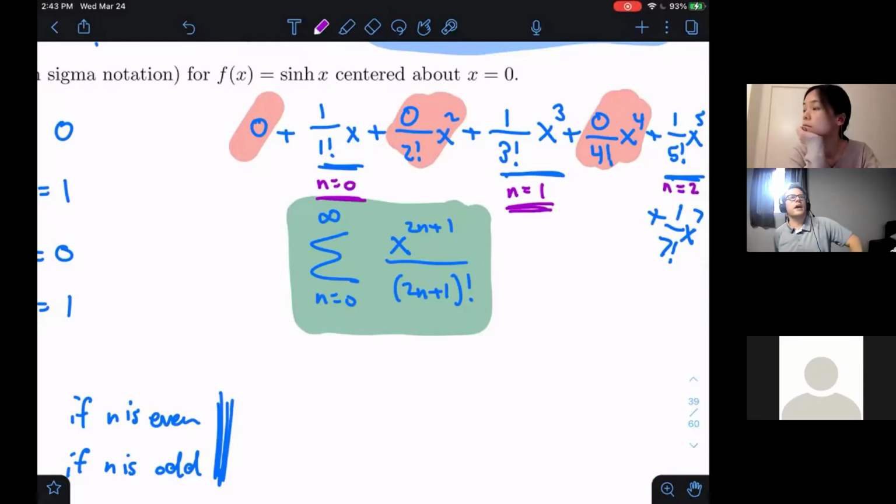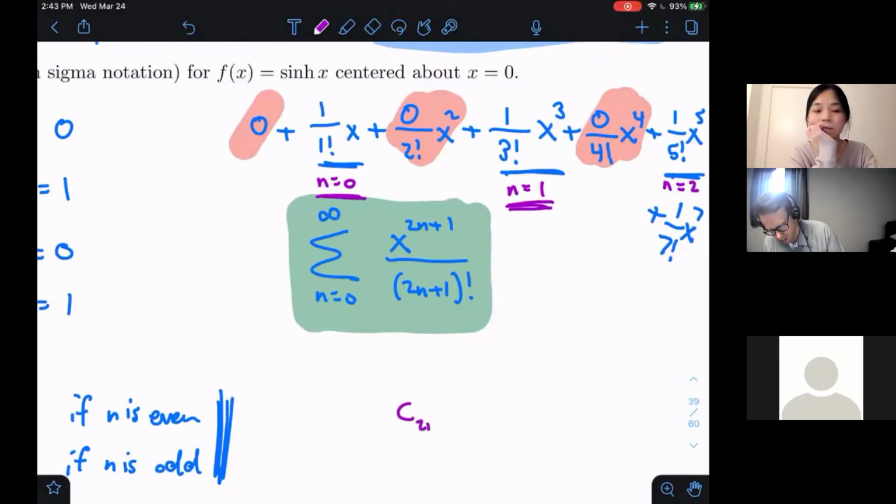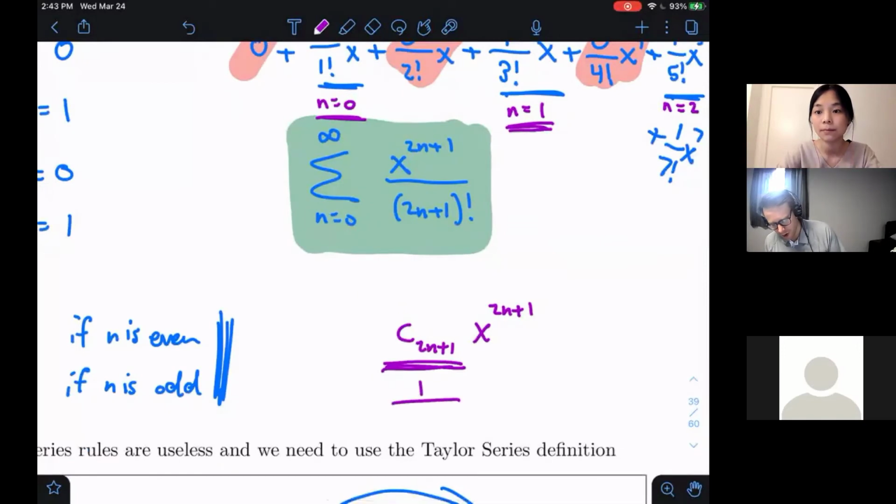The wording has to be specially crafted, especially for web work, for your C sub n's. Quite often I've seen in web work that you have C sub 2n plus 1, x to the 2n plus 1. It may ask for a formula for this, in which case you would say that's 1 over 2n plus 1 factorial. But yeah, you're right, it's tricky.